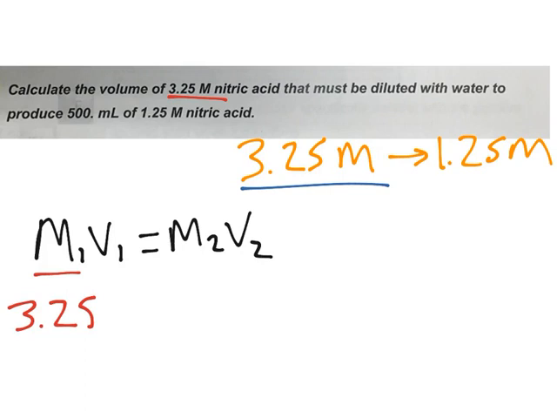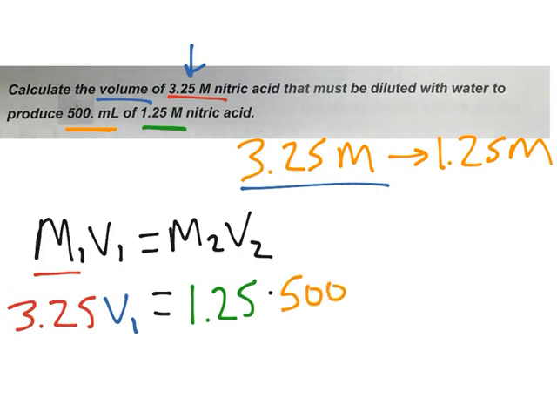We're looking for the volume of this 3.25 molar acid that we have to add, so we'll just leave that as V1, equals the second molarity, or the new molarity, which I'm targeting as 1.25, times my desired ending volume of 500 milliliters. Now, the units don't matter here, but you have to be consistent, so I'll just leave this as 500 milliliters.